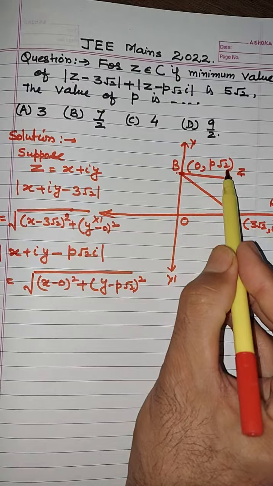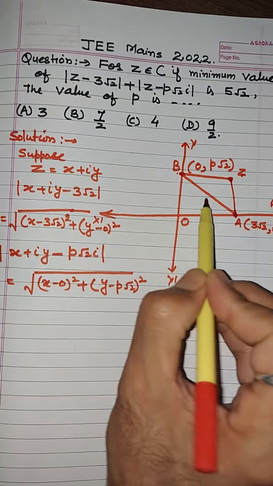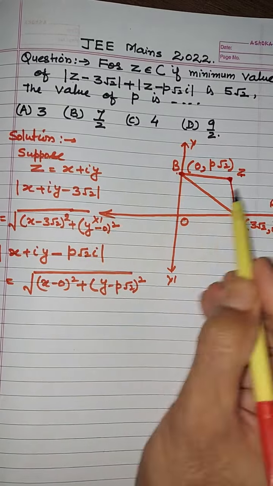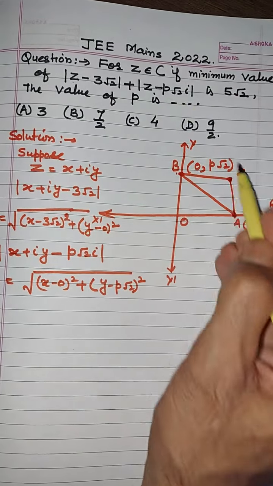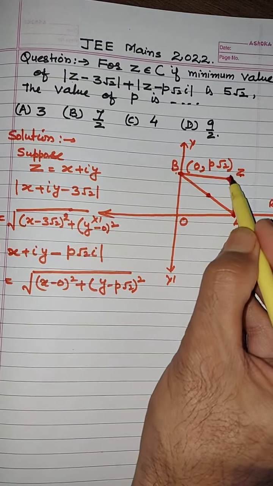Now see, this is a triangle. The sum of this side plus this side is always greater than this. The sum will be minimum when the point z is on the line AB.